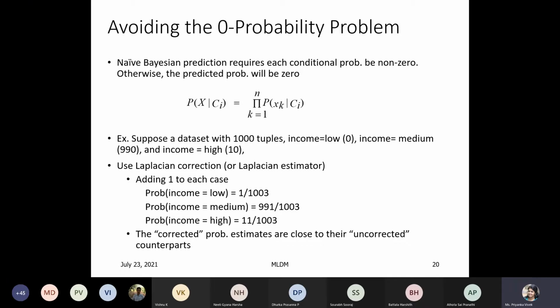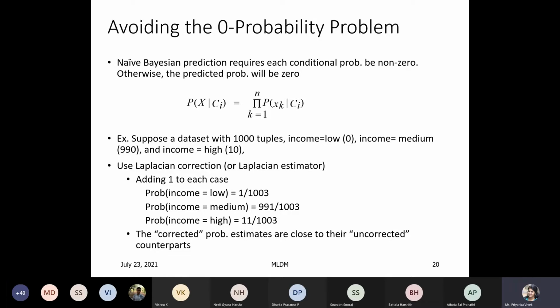Previously our probability was 0 by 1000, 990 by 1000, 10 by 1000, whereas after adding 1 it would be 1 by 1003, 991 by 1003 and 11 by 1003, because we have added 1 to the numerator for each case, and since everywhere we have increased by 1, the whole number of samples increased by 3.